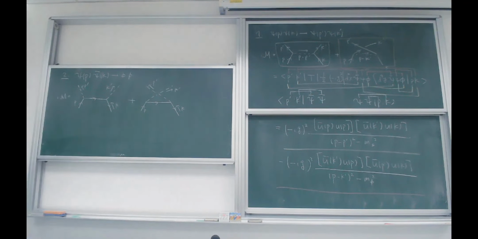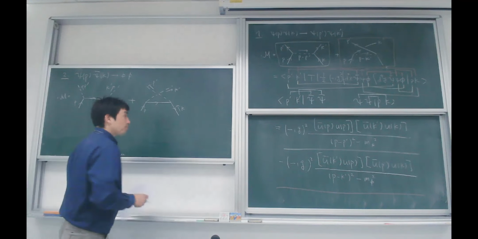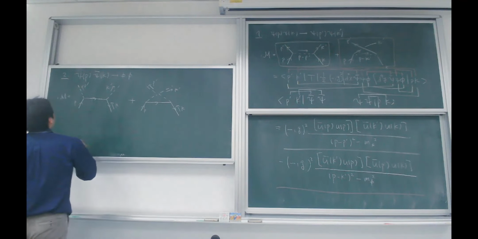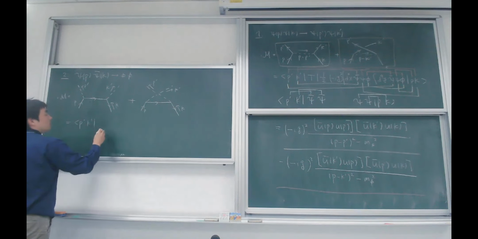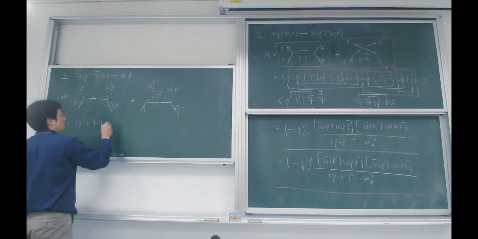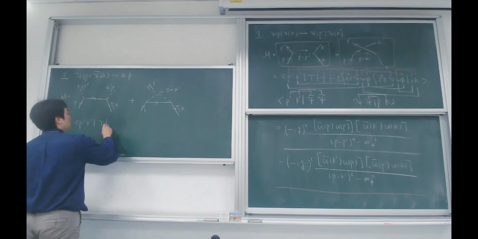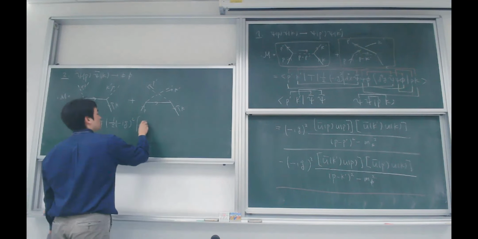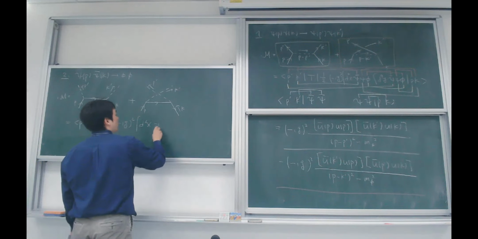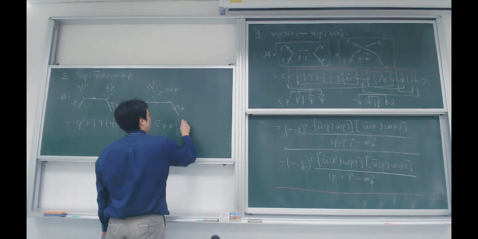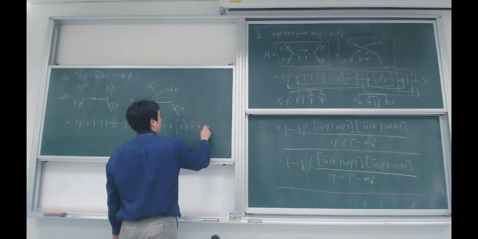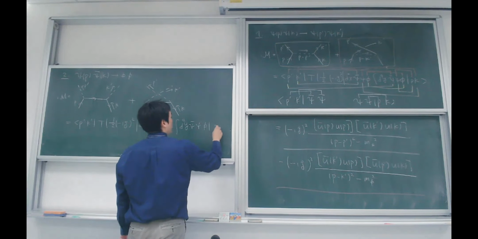Okay, we'll do the same job. p, k prime, one half minus i g squared, integral d4x psi bar psi phi, first psi bar psi phi.